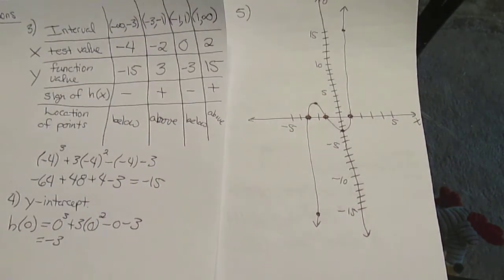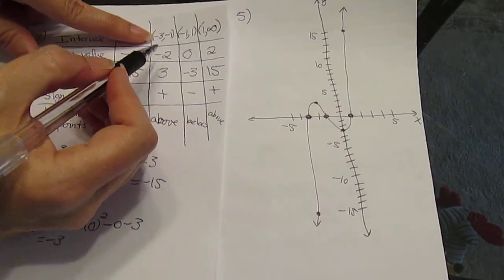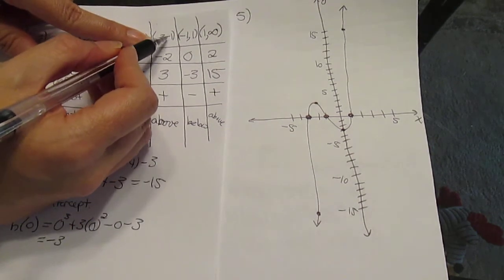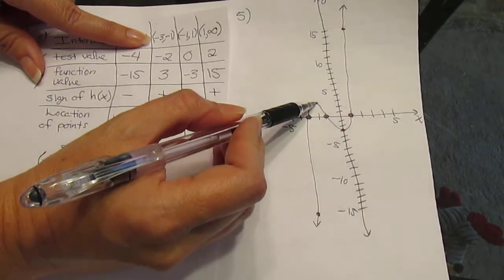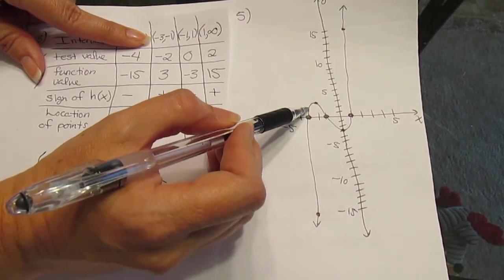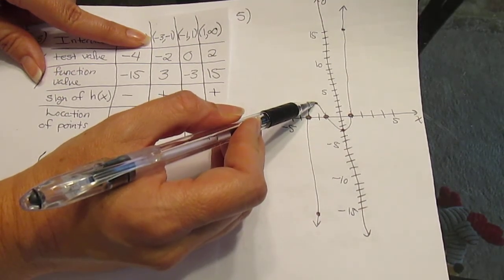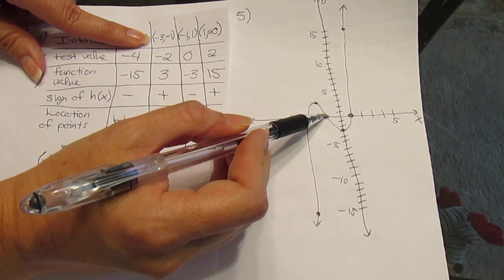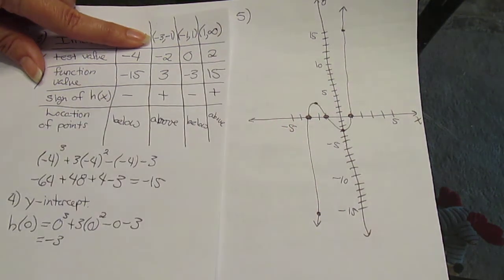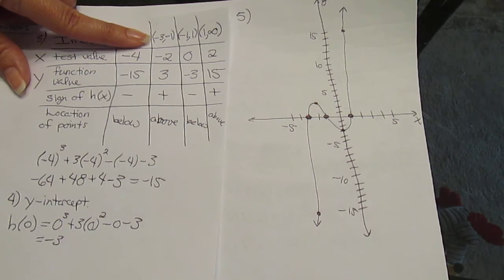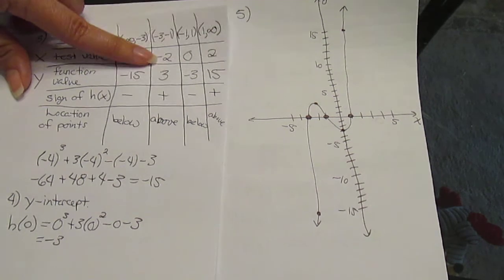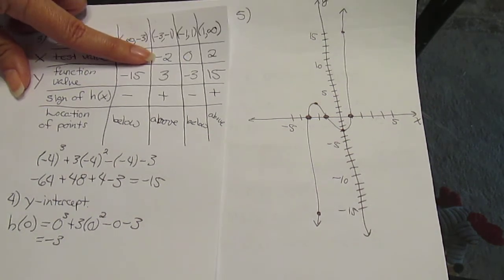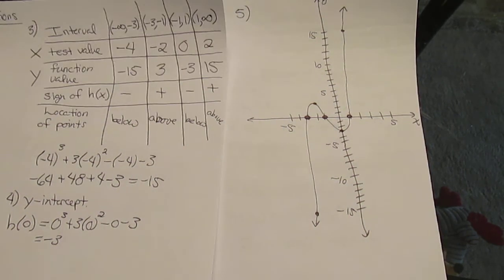Okay, and you can see why I picked the number exactly in between in this interval, because it's going to end up in the middle, so you'll know exactly how far up and where it's going to curve around. Okay, so that's the reason why I take the time to figure out what's the number exactly in the middle. Really, you can pick any number and you're just sketching your graph so that you have a rough idea of what it looks like.